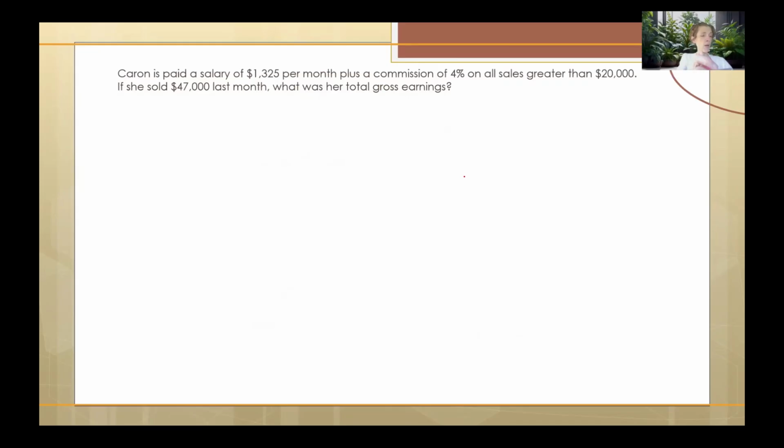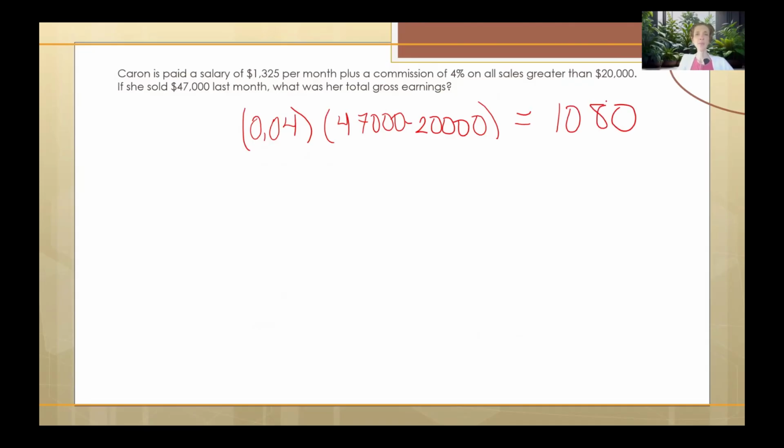Okay. So we're going to have her 4%, right? And if she's paid 4% on all sales greater than 20,000, then we have to figure out how much she's over 20,000, right? So 47,000 minus 20,000. Okay. So that's going to give us $1,080.